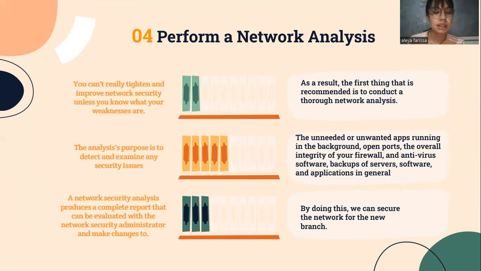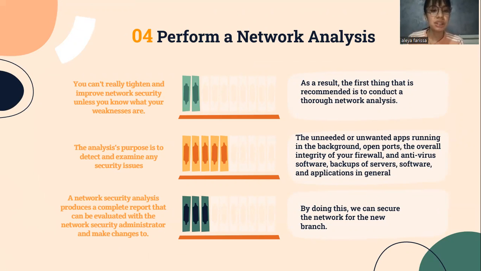Perform a network analysis. You can't really tighten and improve network security unless you know what your weaknesses are. As a result, the first thing that is recommended is to conduct a true network analysis.